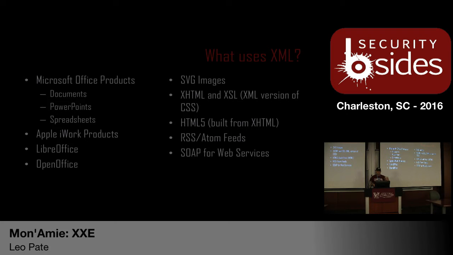There's actually XHTML and XSL, which is the XML version of HTML and CSS. And then you have HTML5, which is becoming the new standard that is built directly from XHTML. RSS and Atom feeds are also XML based, as well as SOAP for web services. There are many more that are also XML based, but these are the ones most commonly used.